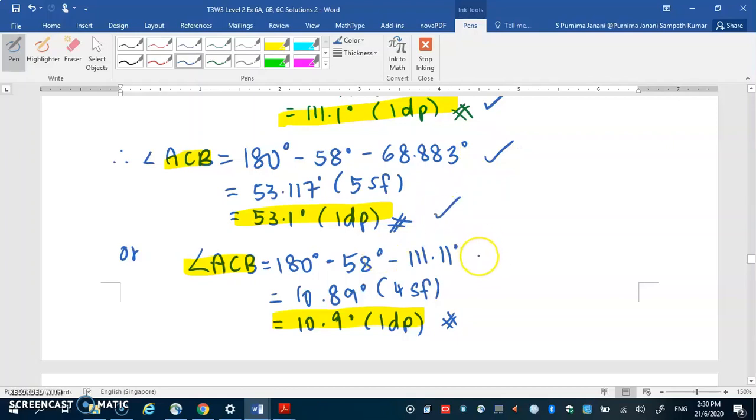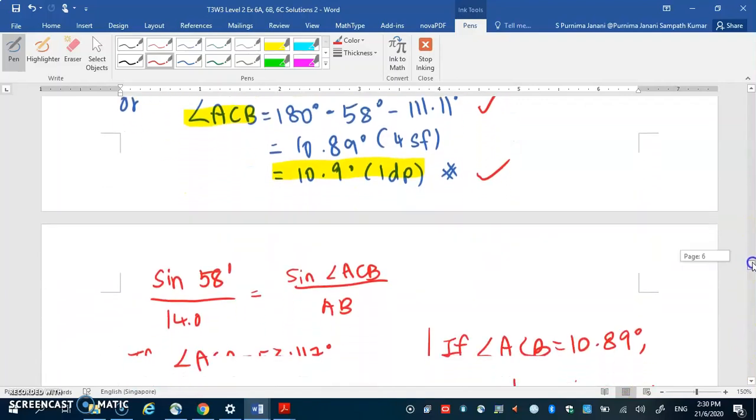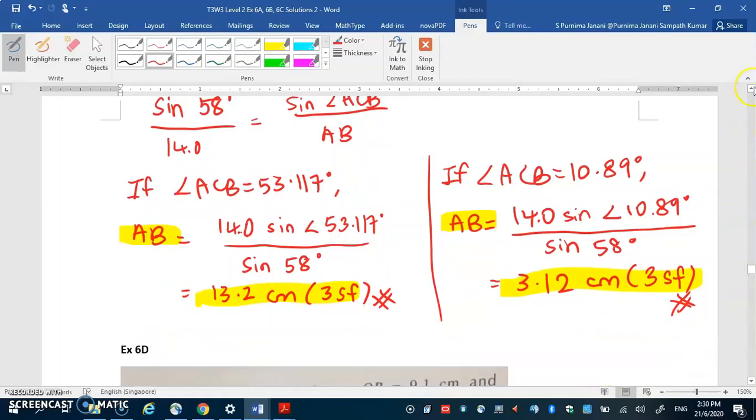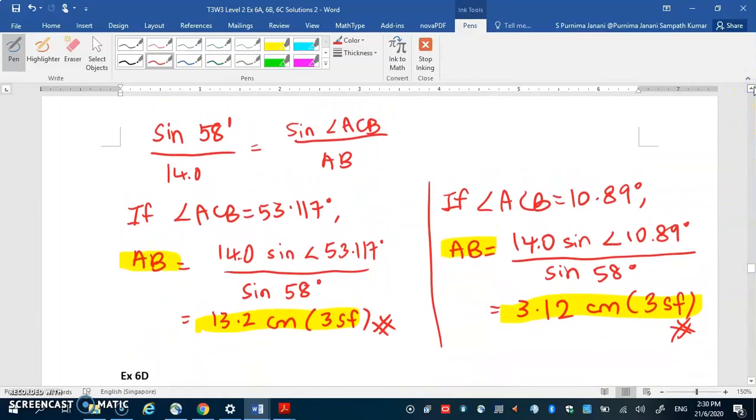Or if your angle ABC is 111.11, then you take 180 minus 58 minus 111.11, then you get 10.9 as your answer for ACB. So the main thing is to find the two sets of different answers for the ambiguous case. And of course, your side AB will also be different based on the two different angles you found, which is what I showed you in class.